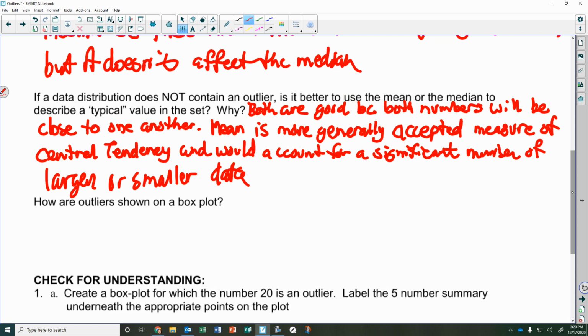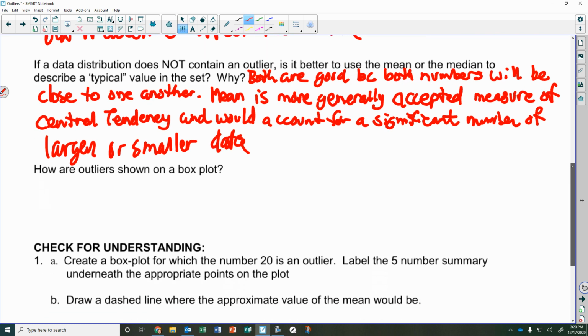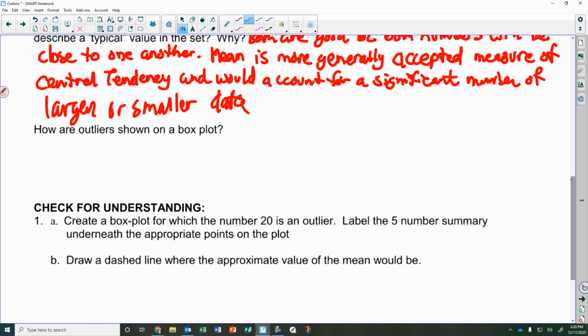Now it says, how are outliers shown in a box plot? So I'm going to actually draw one for you. All right, so here's my box. Okay. So there's my median. There's my quartile 1. Here's my quartile 3. All right, here's my whisker with my minimum.